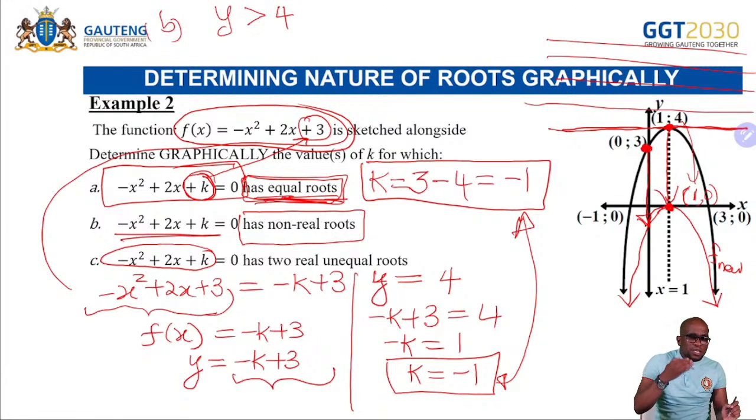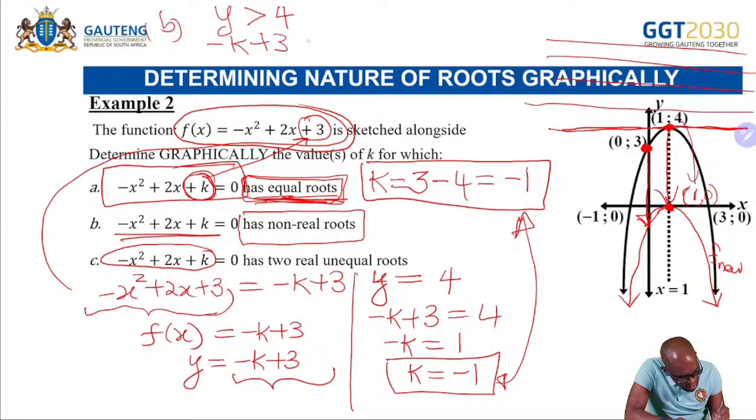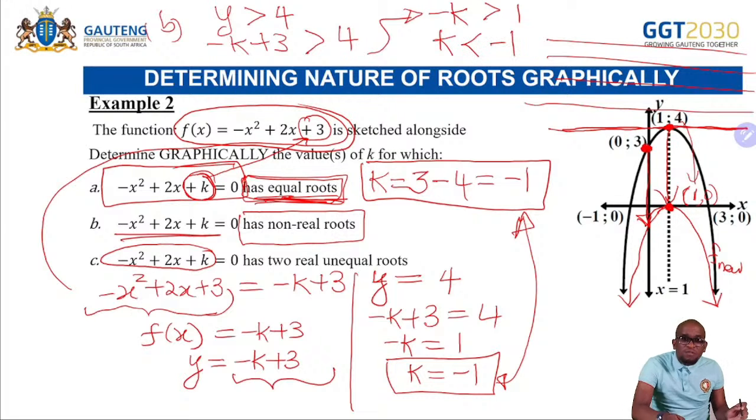But now in this particular method, y equals negative k plus 3 is greater than 4. So if I continue with it here, I'll get that negative k is greater than 1. So k is less than -1, like that. So you are actually getting the values of k for which the graph will have non-real roots.